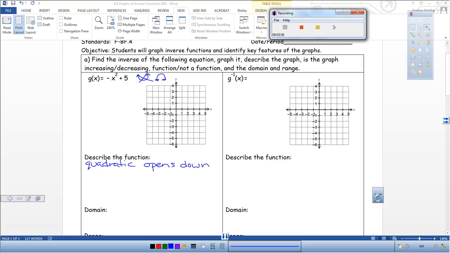Any questions? Okay, so this is y equals a times x minus h, the whole thing squared, plus k. So we need our vertex. Ruby, what's the vertex here?